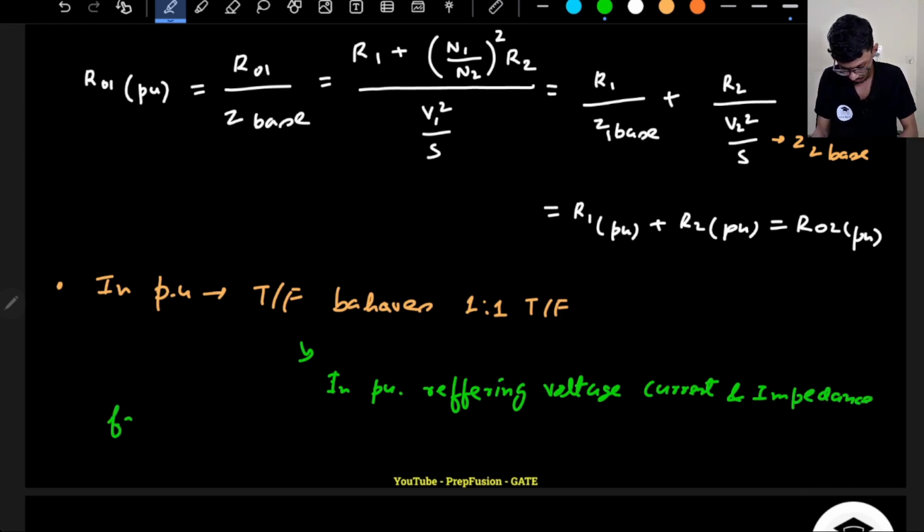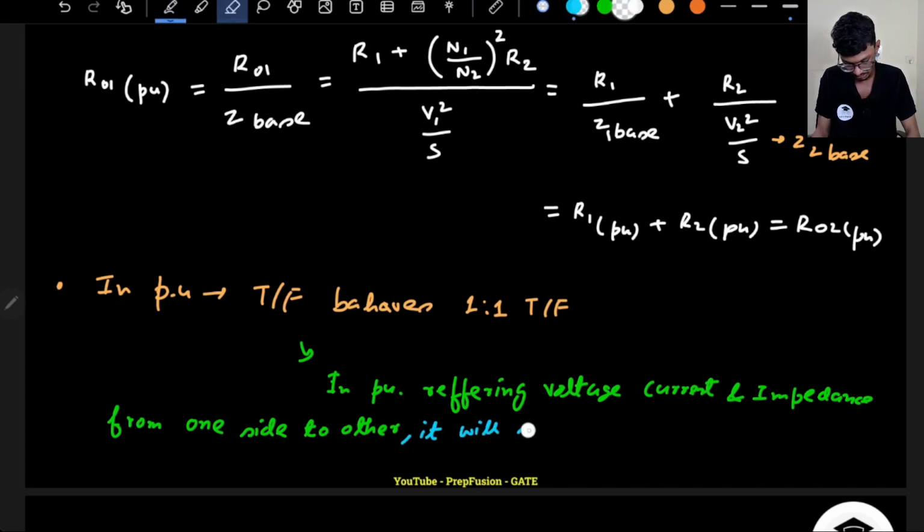If I refer voltage, current, impedance from one side to other, it will remain same, because turns ratio is 1:1.